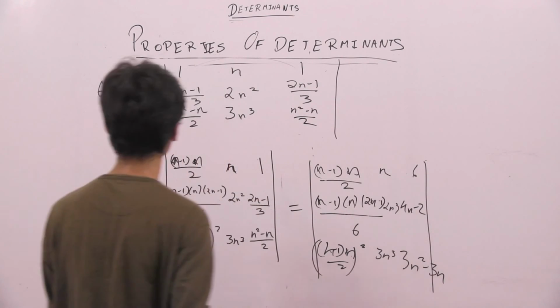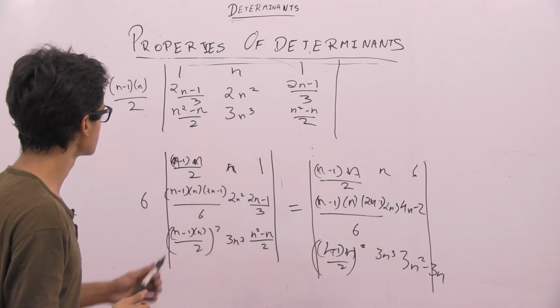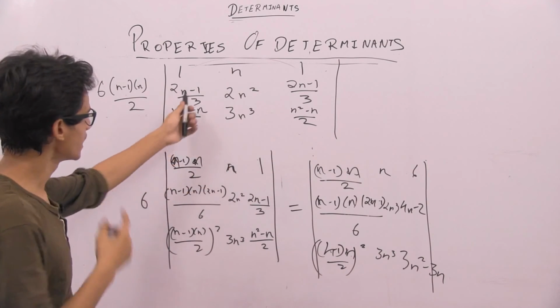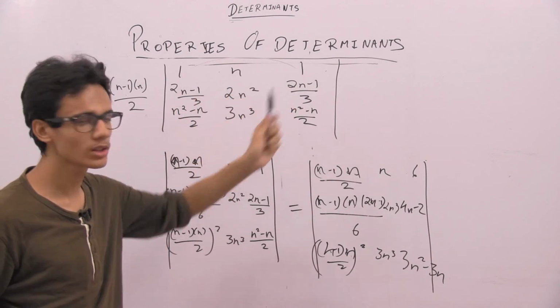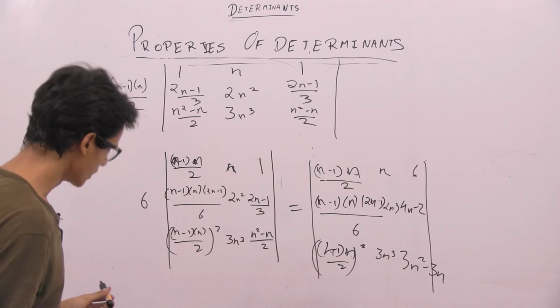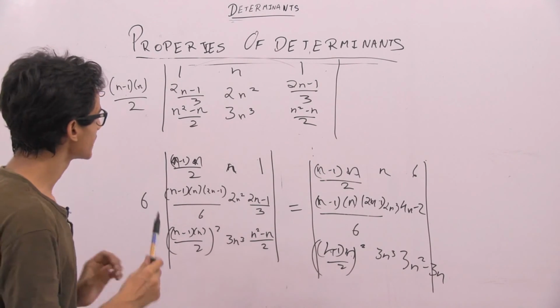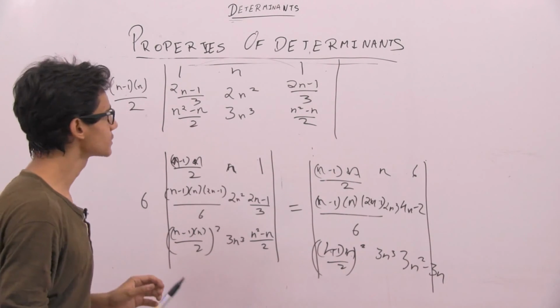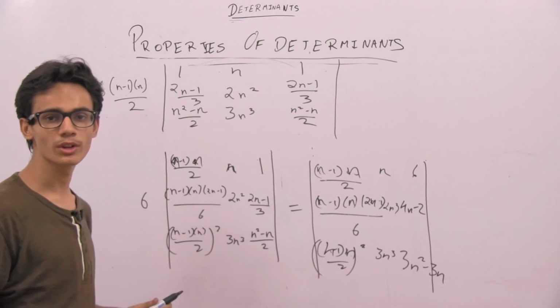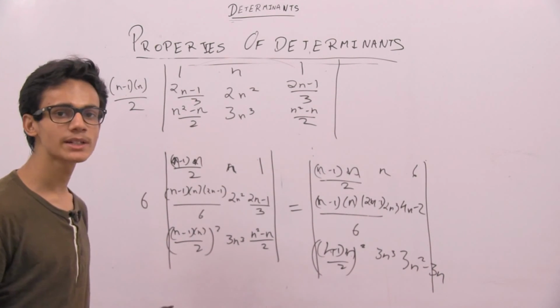So do you see something here in this determinant? Yeah, we can easily see that column 1 and column 3 are equal. Now we know a property that if all the corresponding elements of any two rows or two columns are same, the value of the determinant is 0.